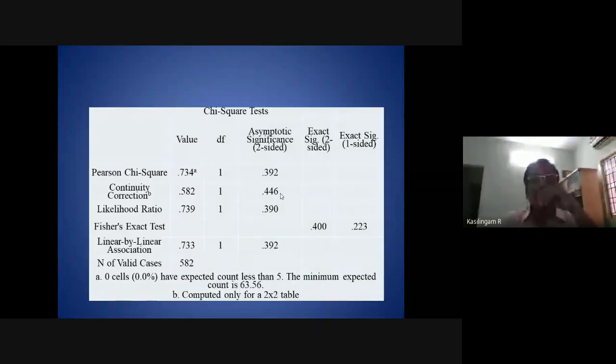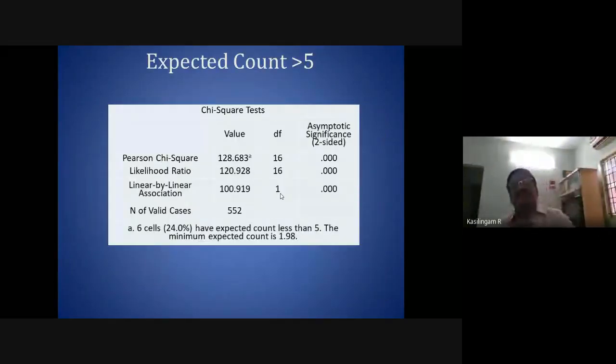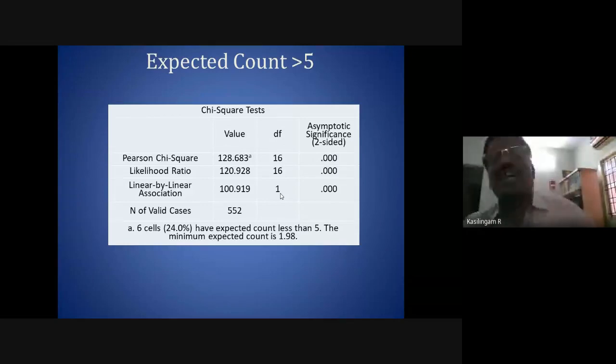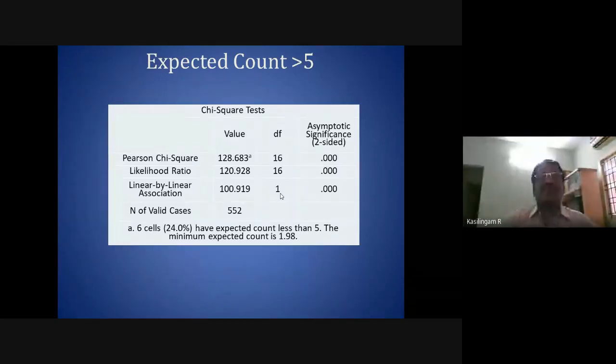Now see this output. Whenever we performed the first chi-square test, we got this result: Pearson chi-square 128.16, significant value, likelihood ratio 120.16, all these things you got. Yes or no? Yes. Very good.